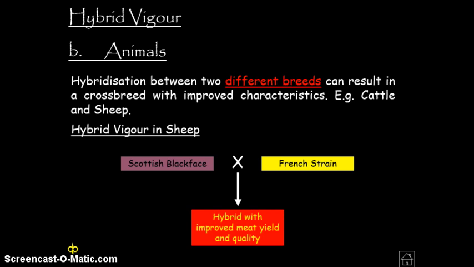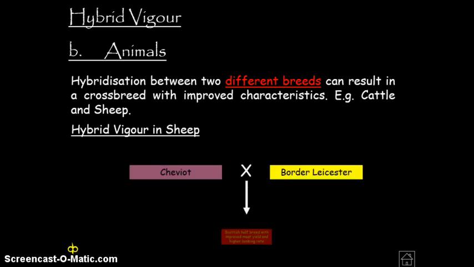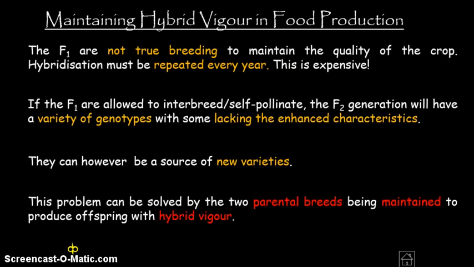In animals, individuals from different breeds may produce a new crossbreed population with improved characteristics. The two parent breeds can be maintained to produce more crossbred animals showing the improved characteristic. In inbreeding animals and plants, F1 hybrids are not usually bred together as the F2 produced shows too much genetic variation.